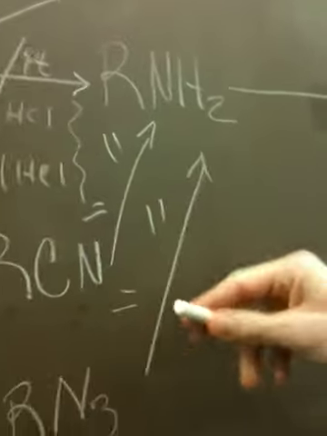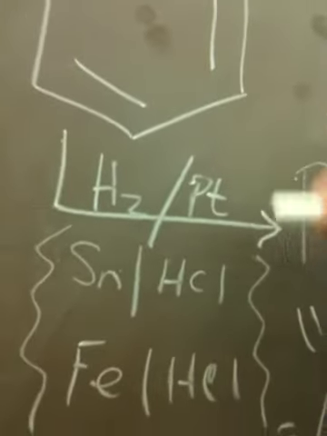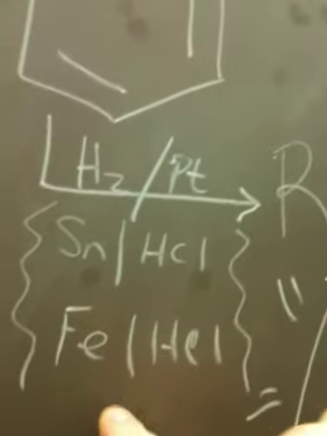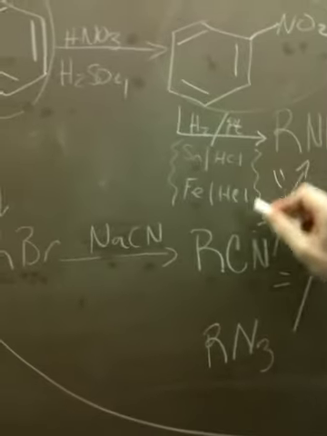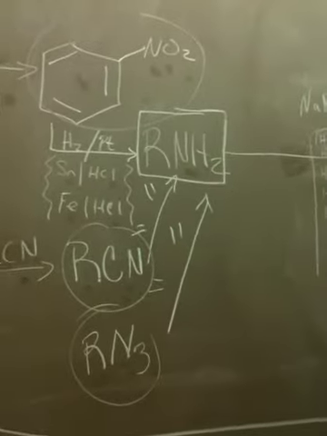You're going to reduce it with H2/Pt, or Sn in an acid, Fe in an acid. The whole point in saying all that is that this RCN, this RN3, make this RNH2 when it's reduced. When you reduce any one of these three, you make RNH2.